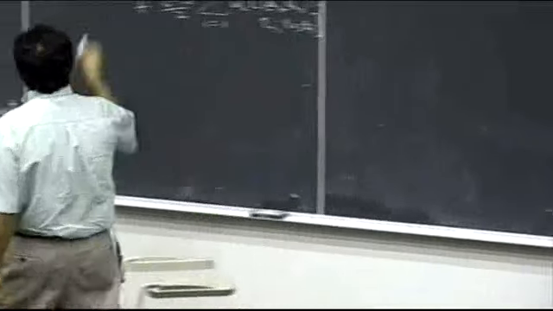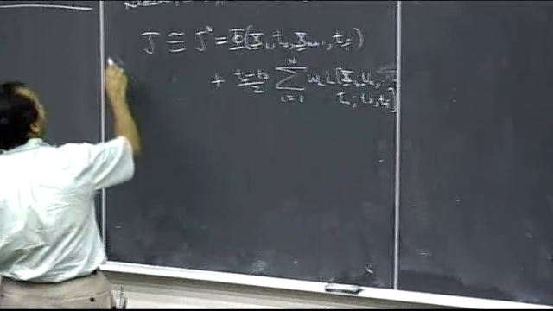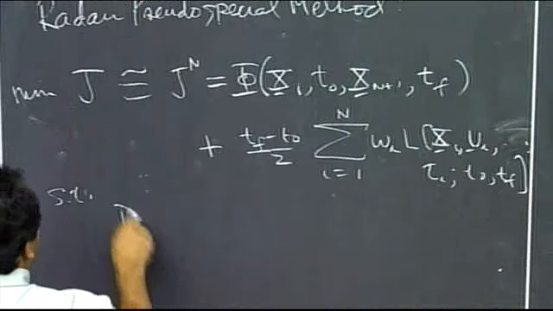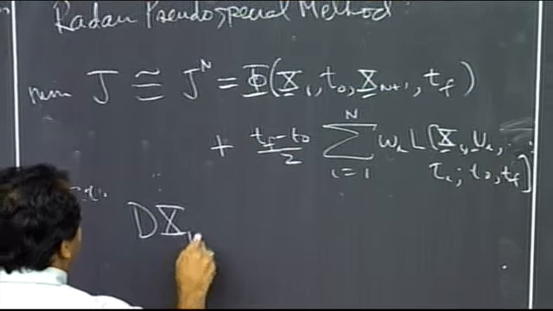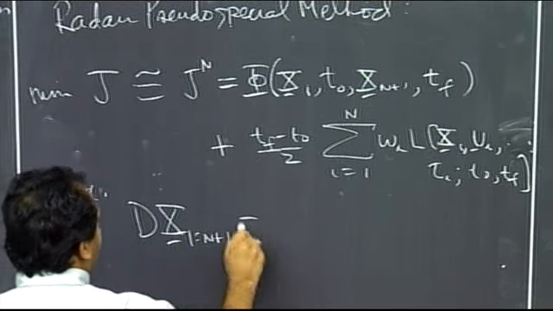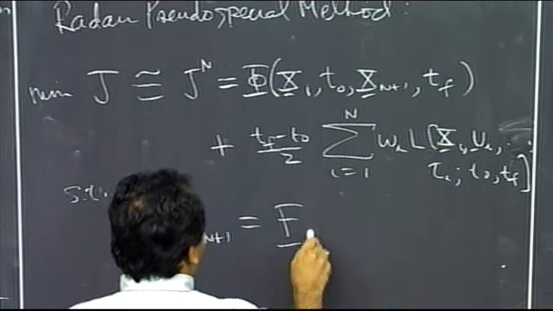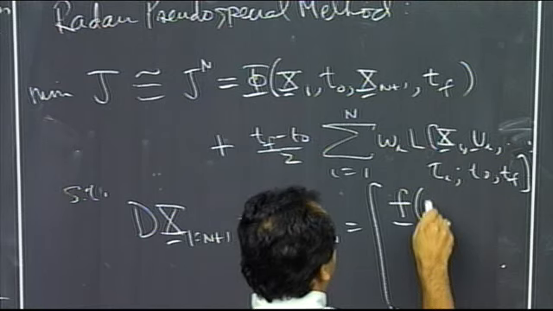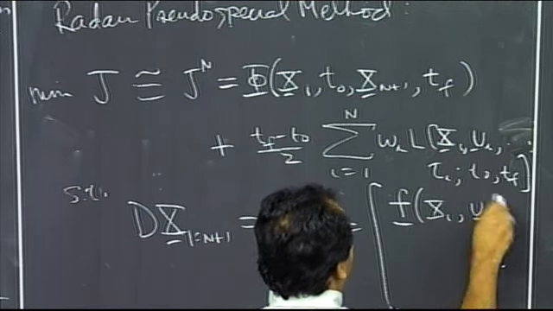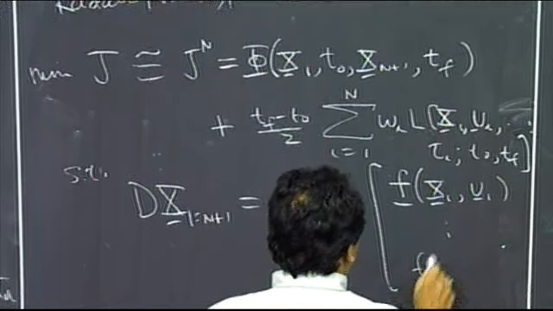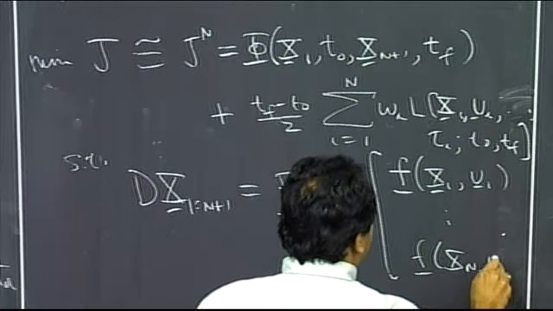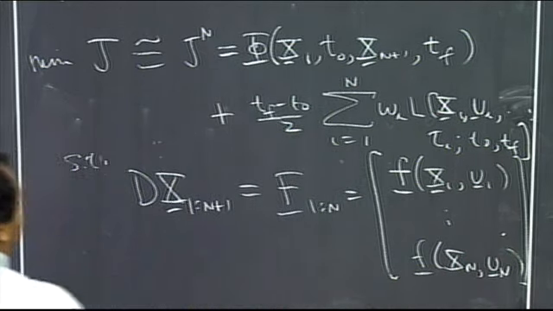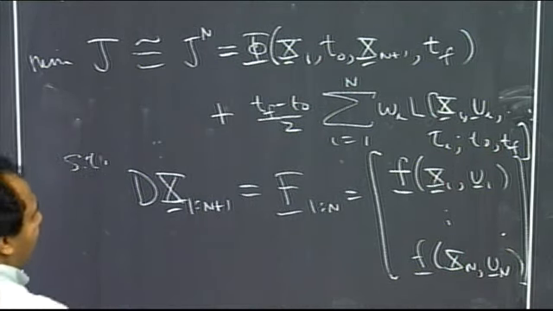The dynamics get approximated by, so you want to minimize this subject to the constraint that the dynamics D times x_{1:N+1} is equal to f_{1:N}, where this thing here is equal to the right-hand side evaluated at x_1, u_1, all the way down to the right-hand side evaluated at x_N, u_N. Okay? And so these are the dynamic constraints. You also have a set of path constraints and boundary conditions.